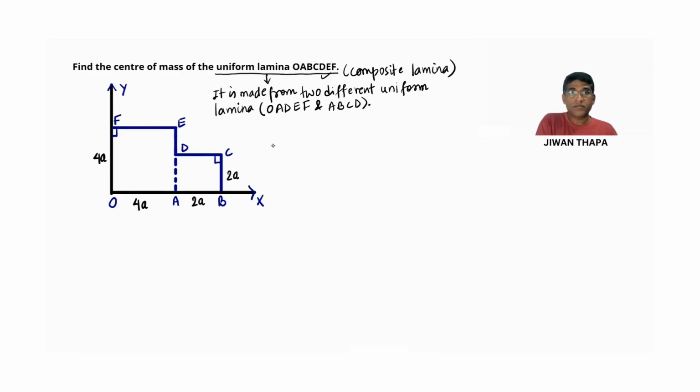So we have this. Now, we need to first locate the axis of symmetry of uniform lamina O, A, D, E, F and A, B, C, D. So what we do?